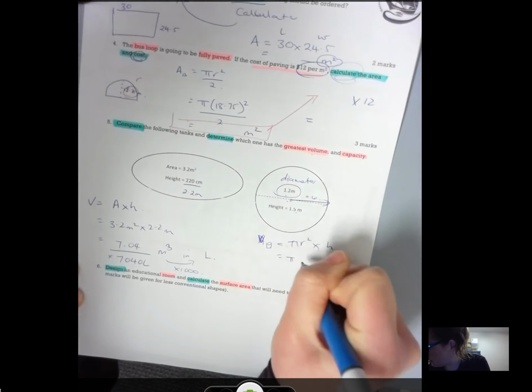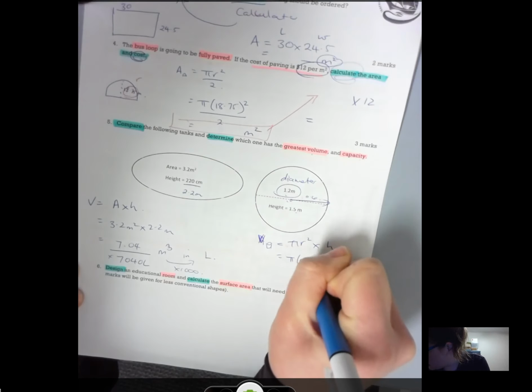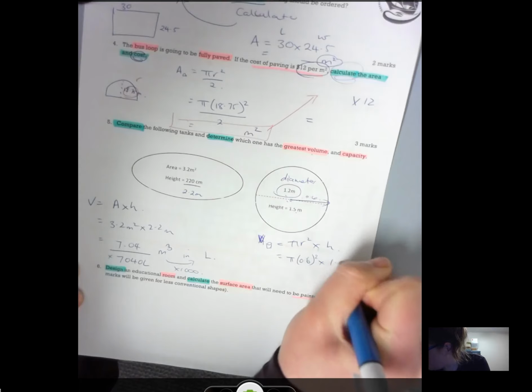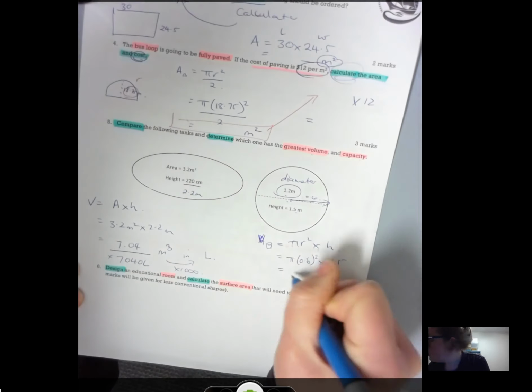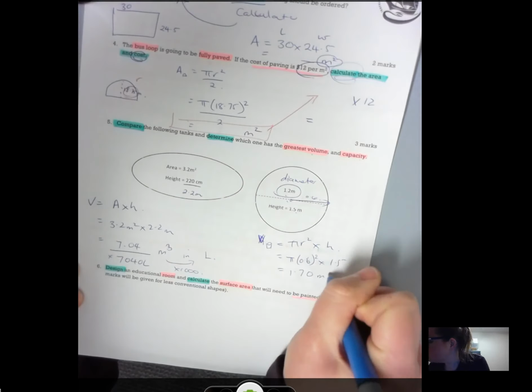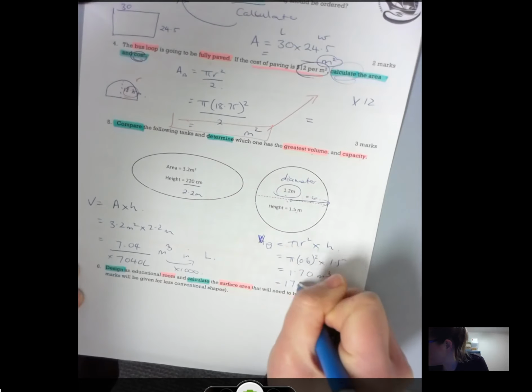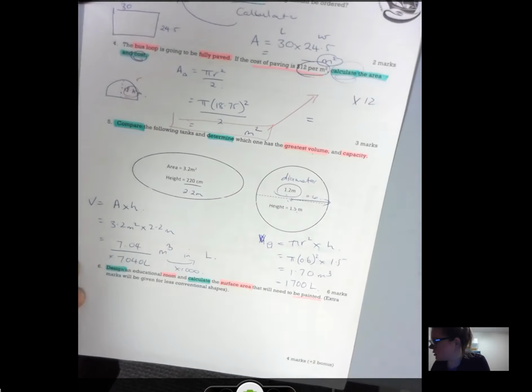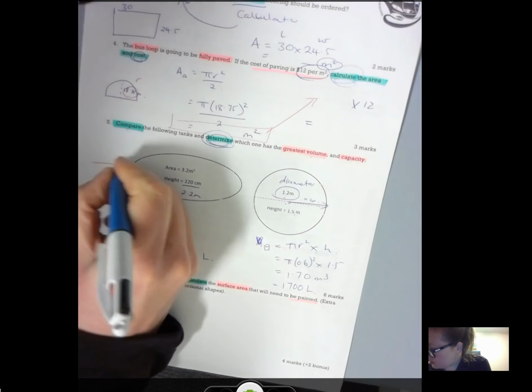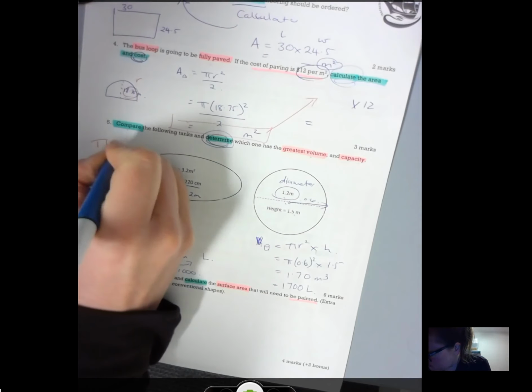So pi times 0.6 squared times 1.5 gives you 1.70 meters cubed, which gives you 1700 liters. So to finish this off, you had to determine which one was the better buy. This tank.